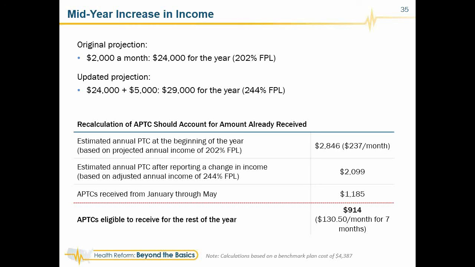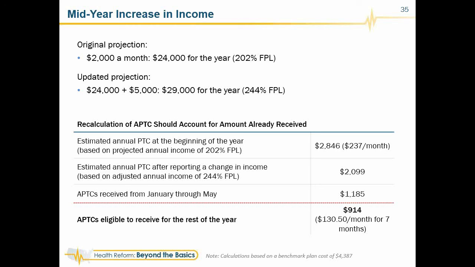So the regulation that governs the marketplace calculation of the APTC had a really good idea, which is that when someone updates their income, we're going to figure out how much they're entitled to receive for the rest of the year after subtracting what they've already received.